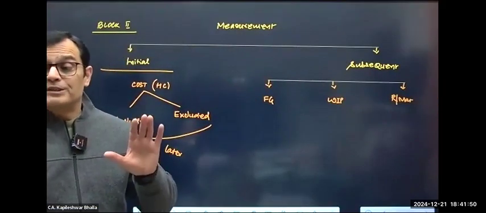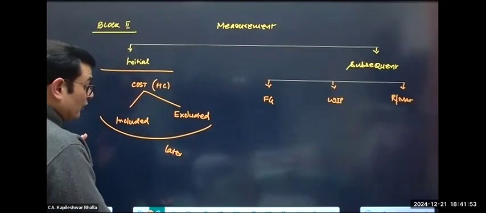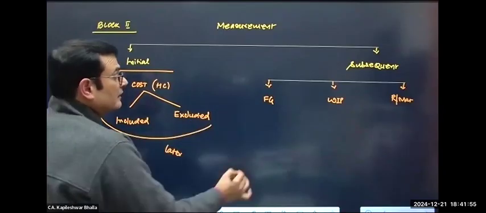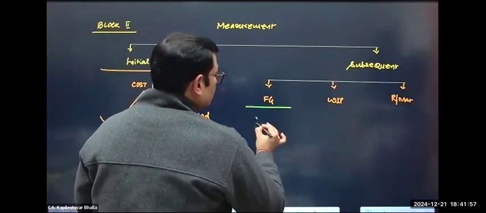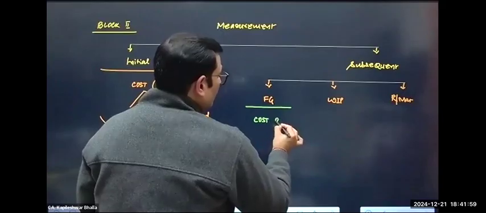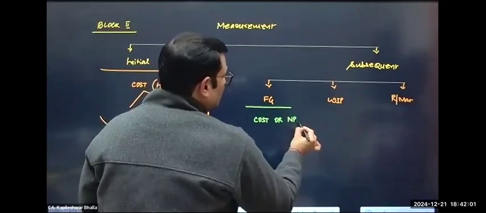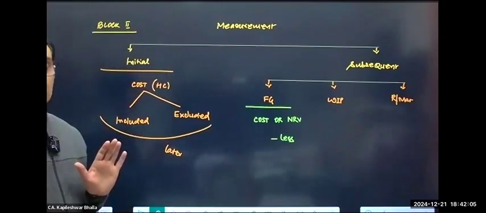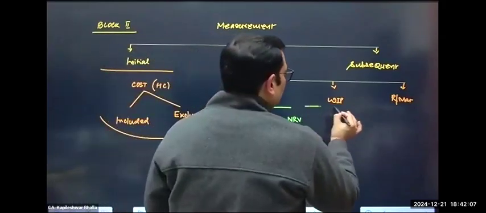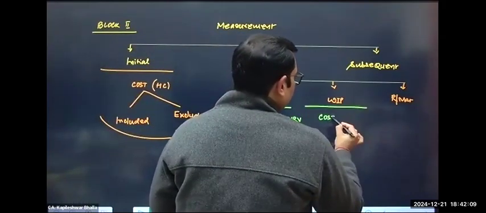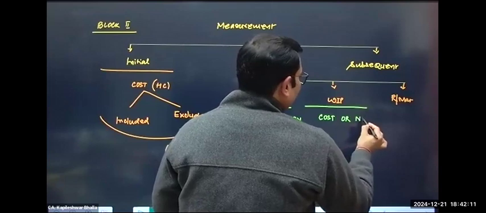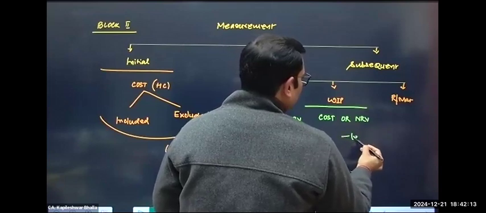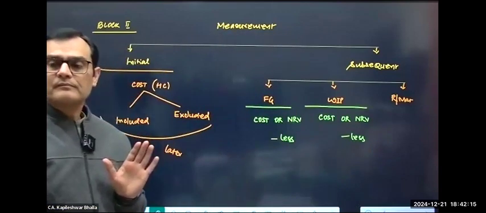Let me make it very clear. If you're looking at finished goods, the standard says it is taken at cost or net realizable value, whichever is less. Even for WIP, the measurement is the same: cost or net realizable value, whichever is less.